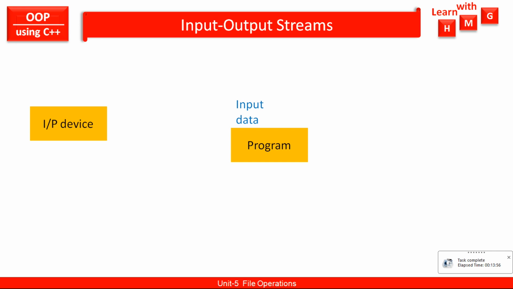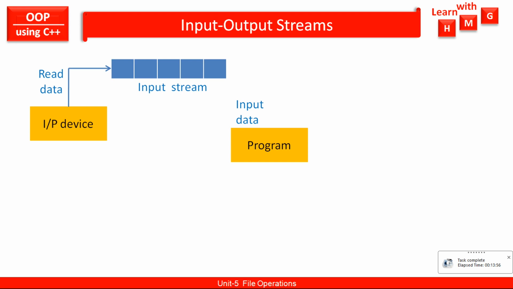From this input device, data is read or accepted and put into the input stream, and further from the input stream it is given to the program as an input. So here you can see from the input device, the input data is taken and given to the input stream, and from the input stream it is given to the program. So this is the flow from input device to program for input operation.